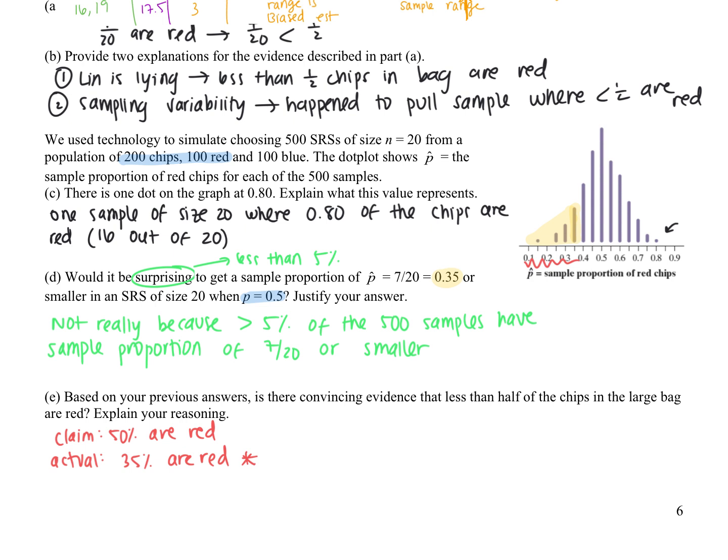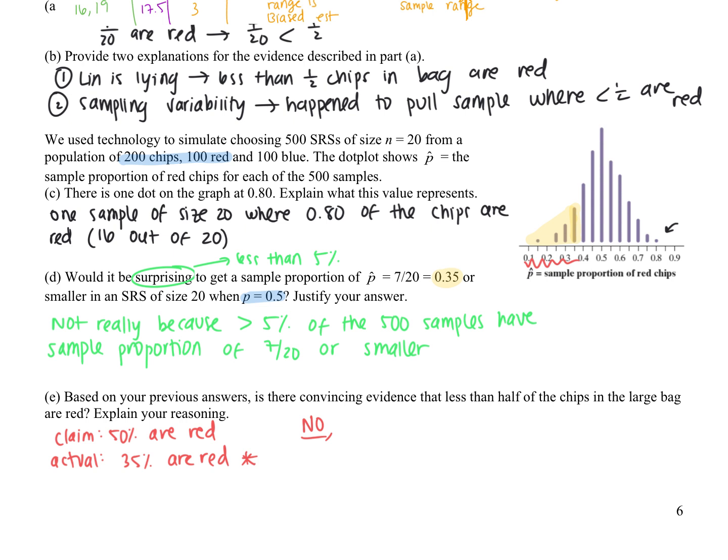If Mrs. Lynn is telling me the truth, if this claim is true, well, it's fairly likely. So do I really have evidence to dispute this 50%? No. Probably sampling variability. So is there convincing evidence less than half are red? No.